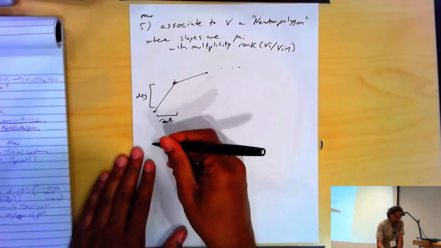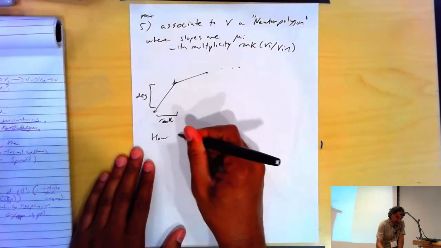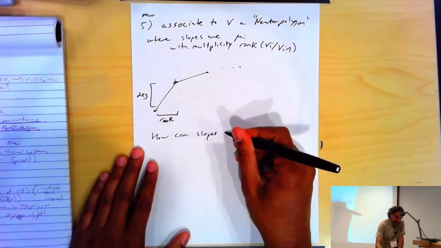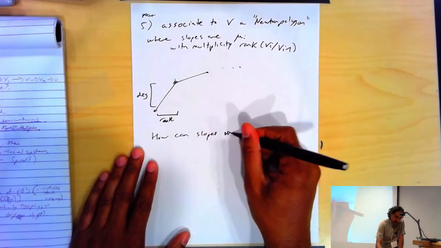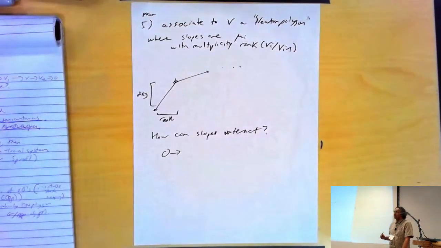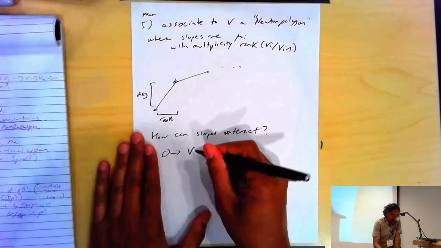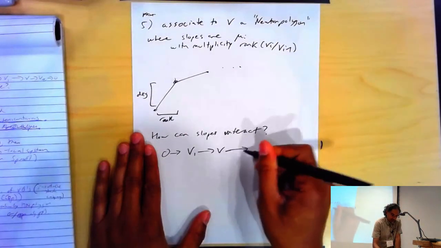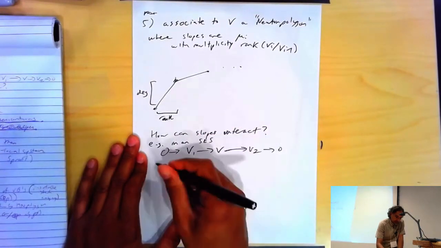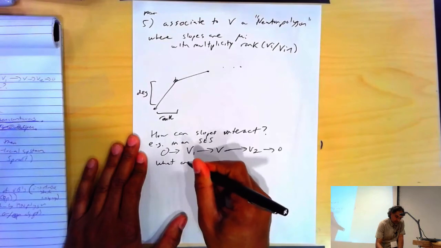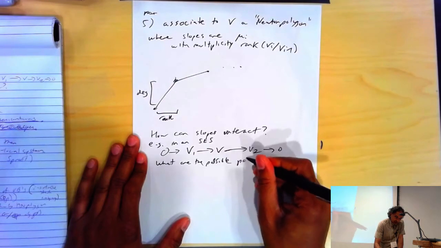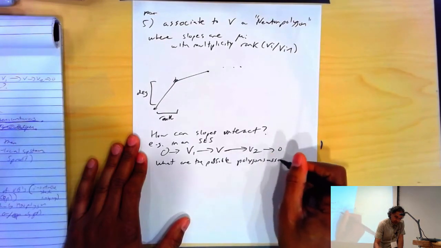So you can ask a lot of questions about how these slopes interact. For example, one of the questions that was posed to the projects group, which I think they will have some report on next time, is if you have a short exact sequence, what can you say about the possible polygons associated to the three terms?